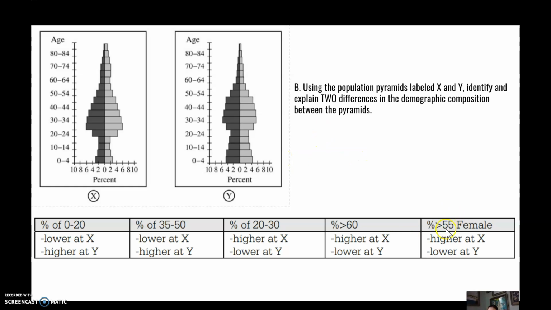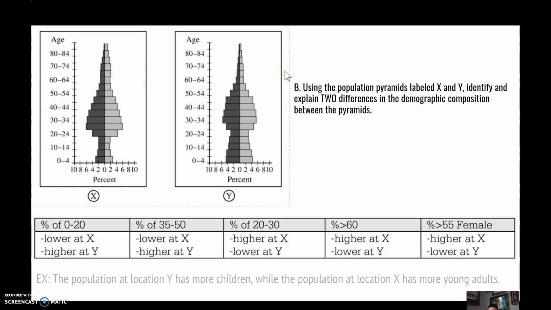And then percentage of females, 55 or older females, let's see, higher at X, yep, we can see that here, and lower at Y. So an example of what you might write or what you may have written to answer this question, to give an example of the differences, the population at location Y has more children, while the population at location X has more young adults.